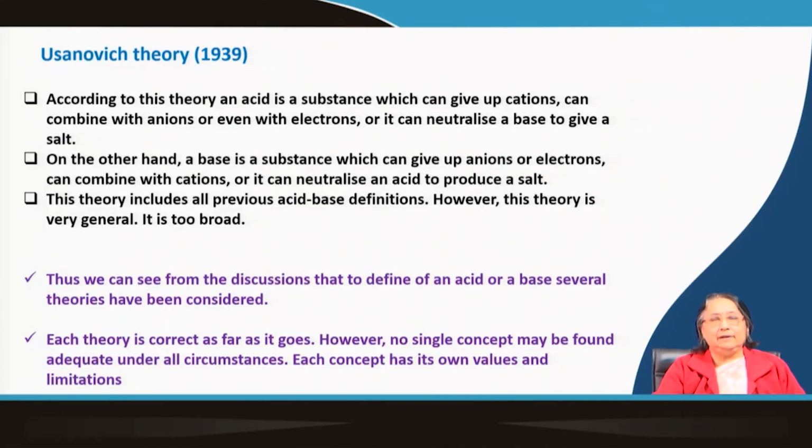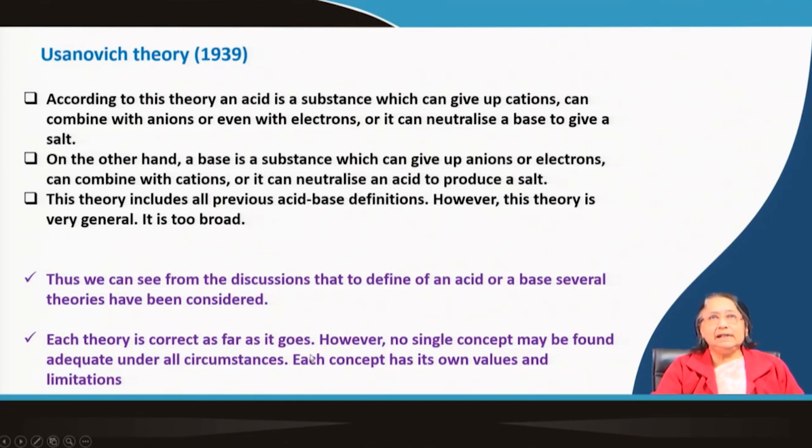Thus, in this first lecture we have discussed that to define an acid or a base, several theories have been considered. Some have advantages, some have limitations, but each theory is correct as far as it goes.